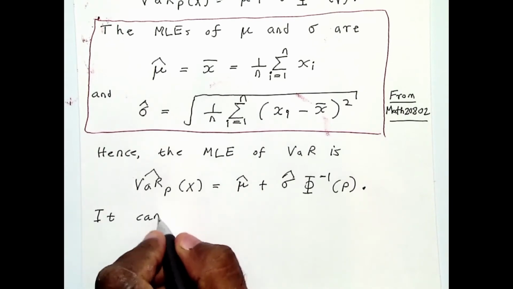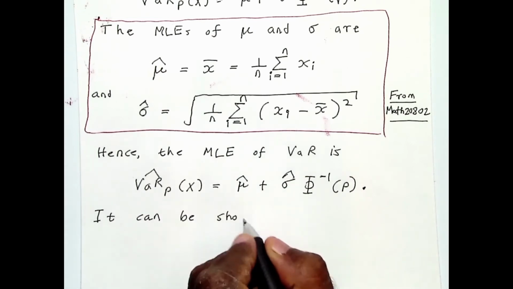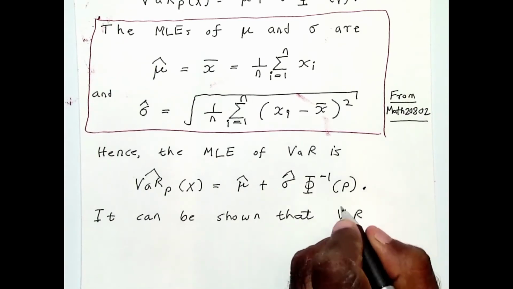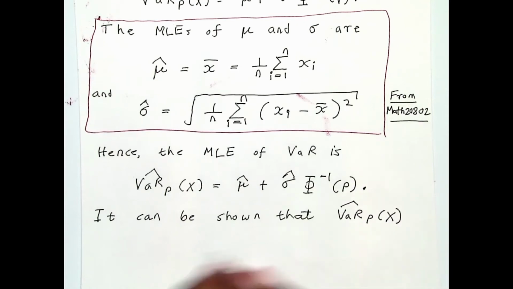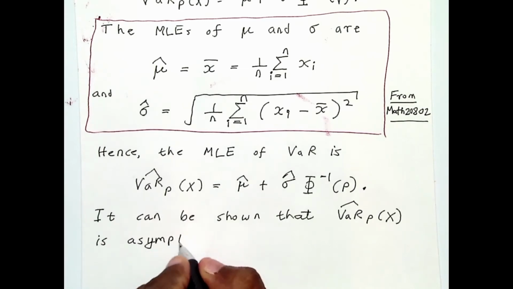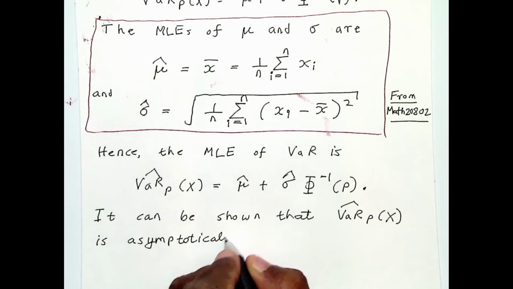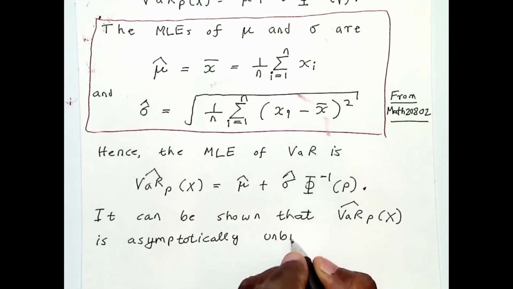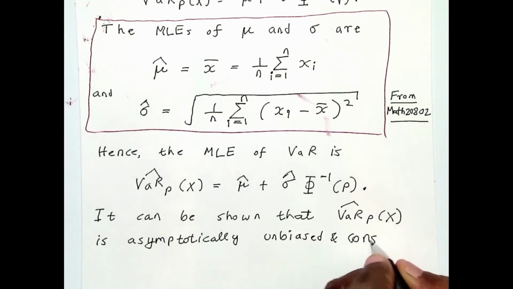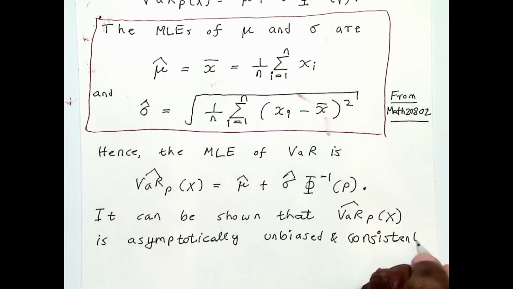I'm not going to show it, but I invite you to do this. It can be shown that the estimator given by this is asymptotically unbiased and consistent.